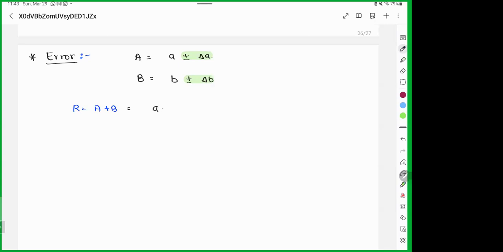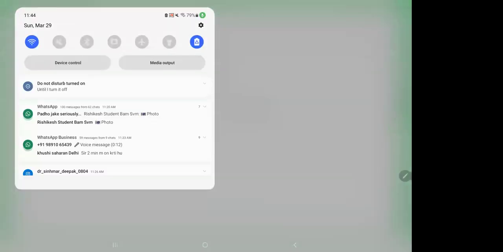You will take a plus minus delta a plus b plus minus delta b. Any doubt? This is the resultant. Correct. For resultant, if you calculate change in the resultant, you will take only change value, and change value is always added. Delta a plus delta b. Doesn't matter what is the sign between them.